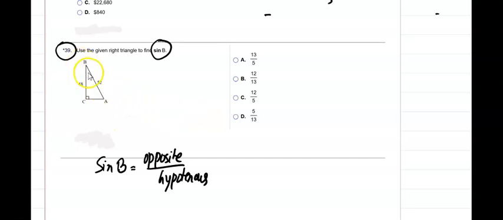In this triangle, we're looking for sine B. This angle B is the reference angle. If you have B as the reference angle, the side just opposite of B is called the opposite side.